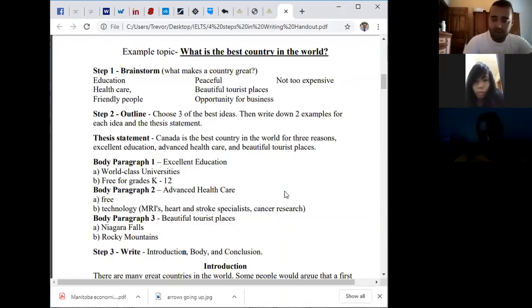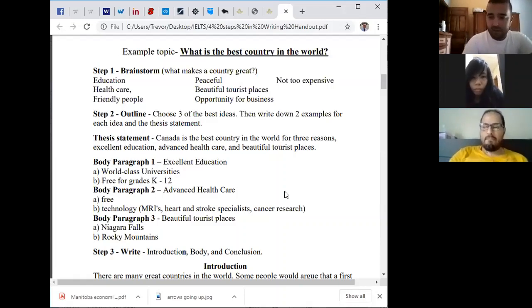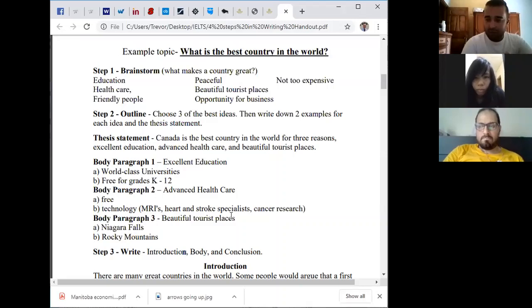Yes, I have a question. About organizing the ideas in paragraphs. I've seen some people say that you should only write one idea per paragraph.